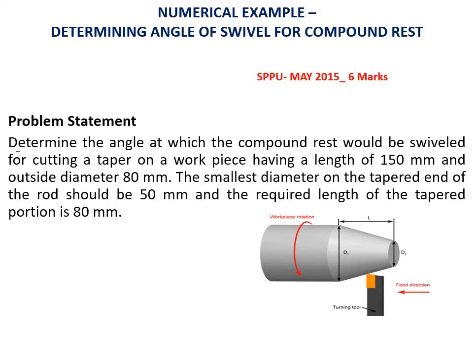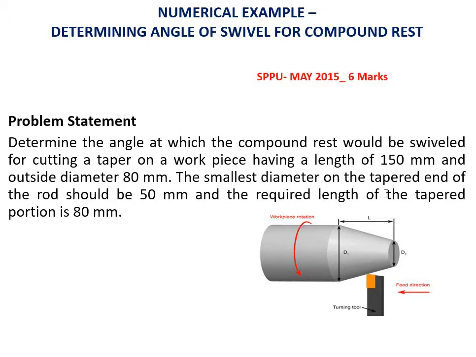The problem statement is to determine the angle at which the compound rest would be swiveled for cutting a taper on a workpiece having a length of 150 mm and outside diameter 80 mm.